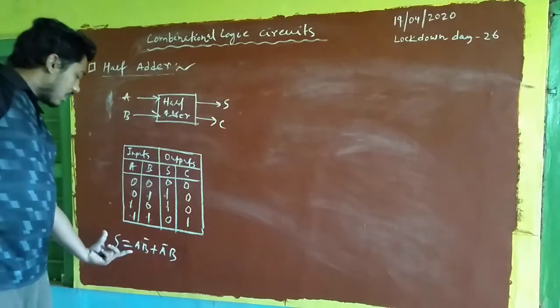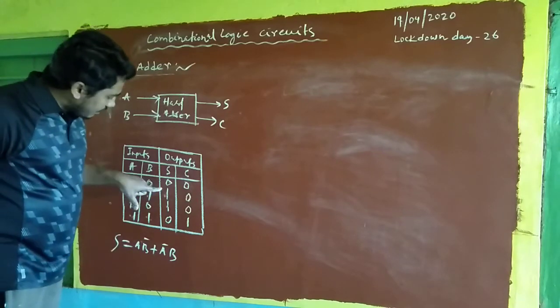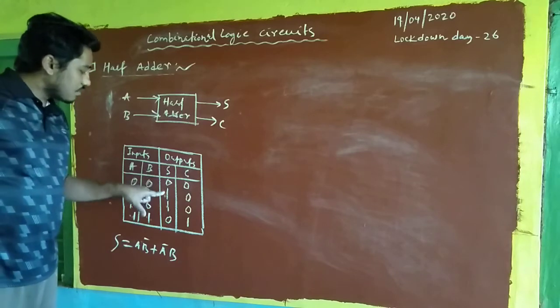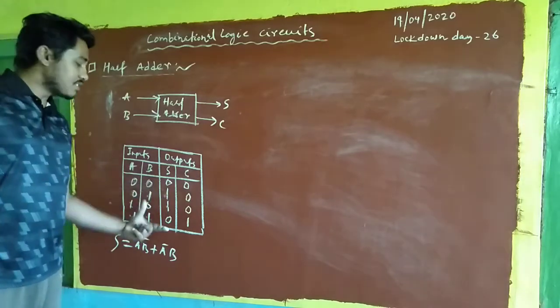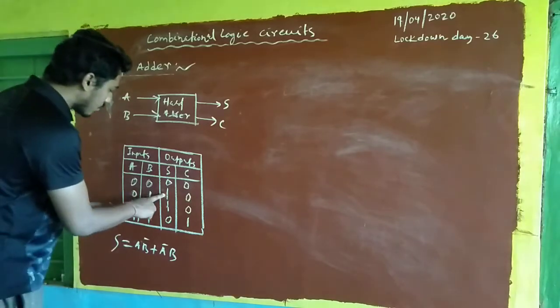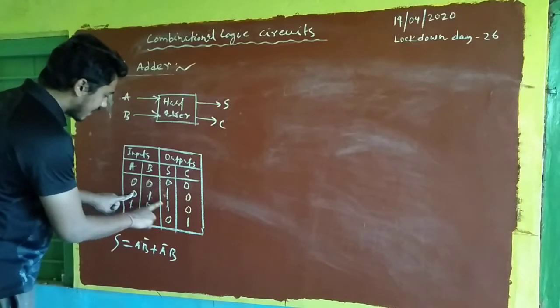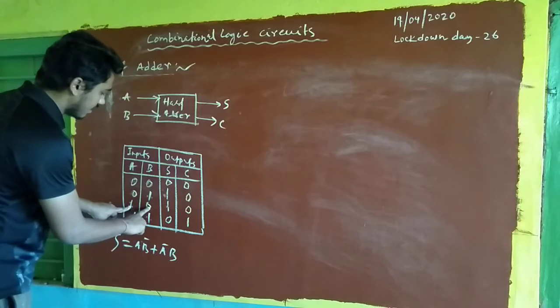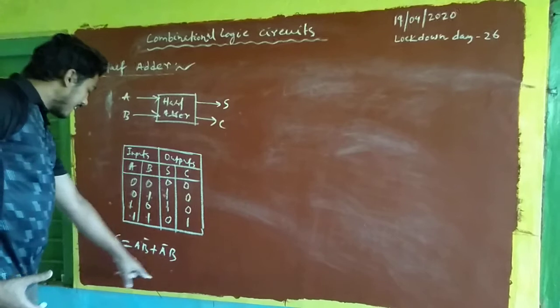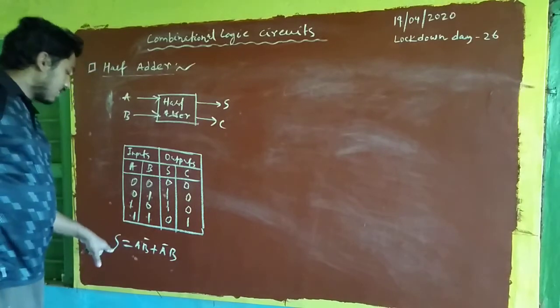That means we need to identify for which combination S is 1 and sum up all those product terms. For this one it is A bar B, and for this one it is A B bar. Summing up these product terms we get the expression for the sum.